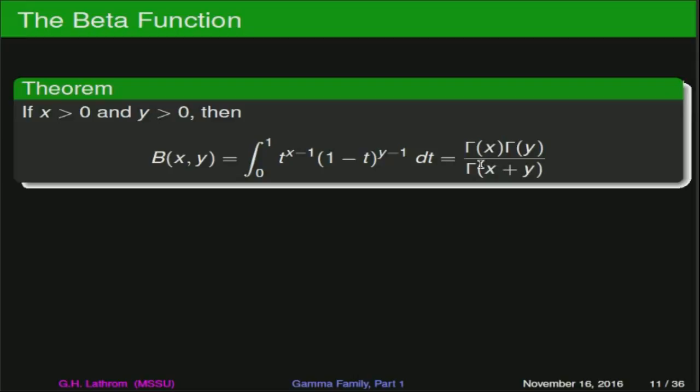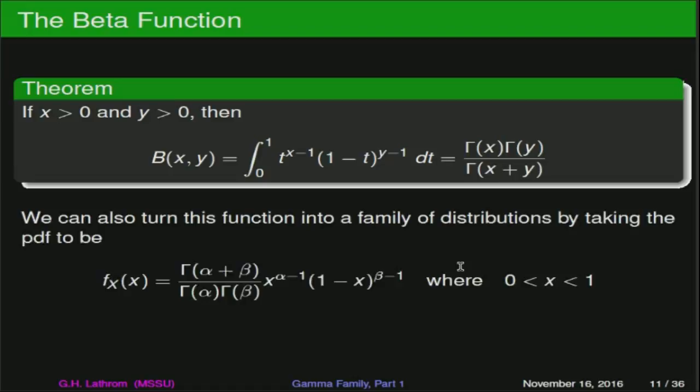And so beta of x and y is equal to gamma of x times gamma of y over gamma of x plus y. So, of course, we can turn this particular function into a family of distributions, really just by taking the PDF to be gamma of alpha plus beta over gamma of alpha times gamma of beta times x to the alpha minus 1 times 1 minus x to the beta minus 1.